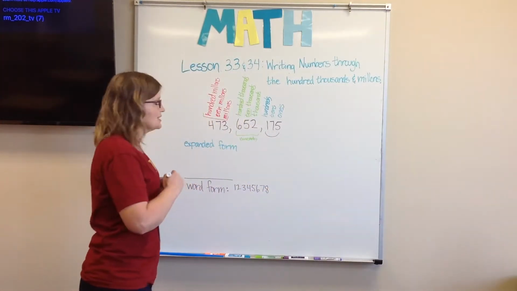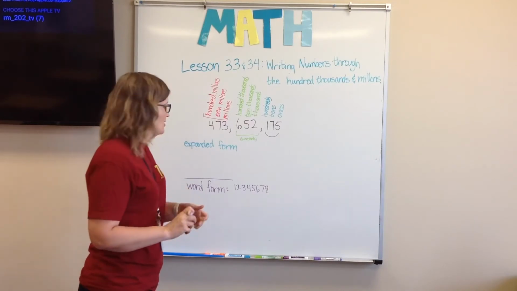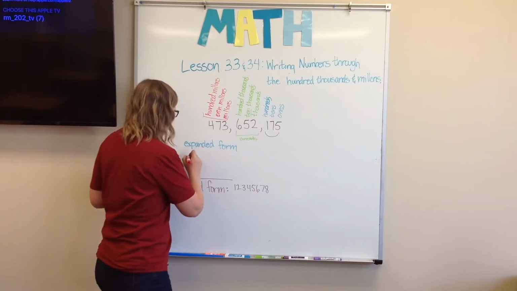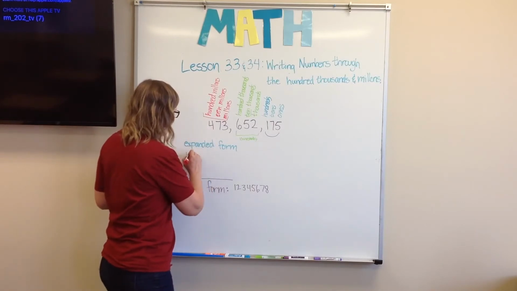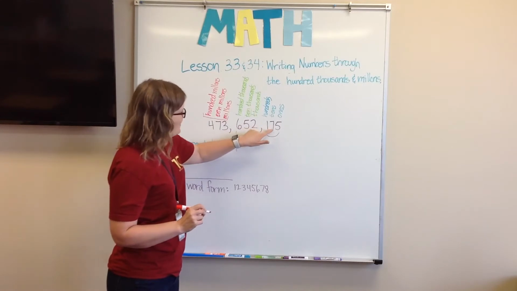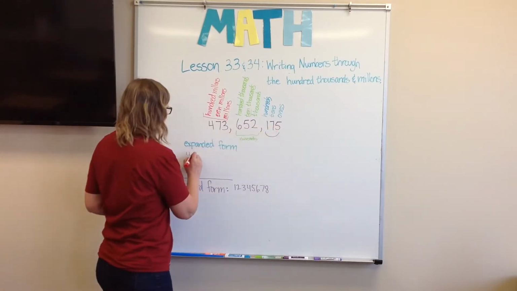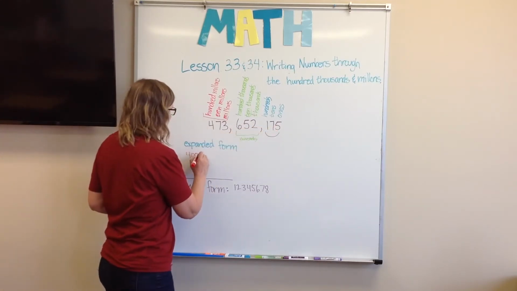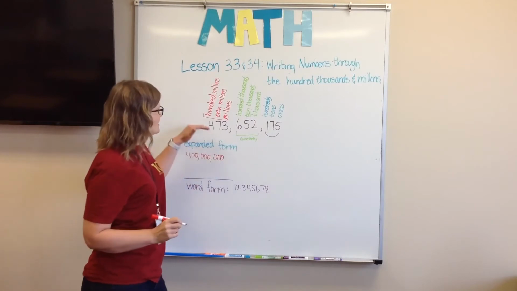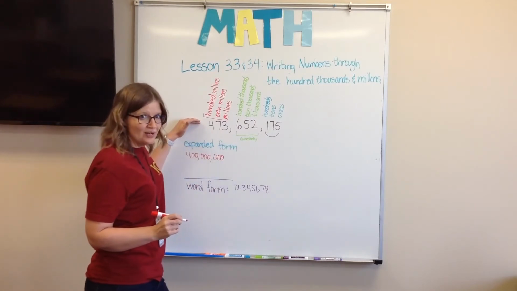Expanded form looks like this. We've got to write 400 million. So we write 4 and then how many zeros? 1, 2, 3, 4, 5, 6, 7, 8 zeros. So that represents 400 million.